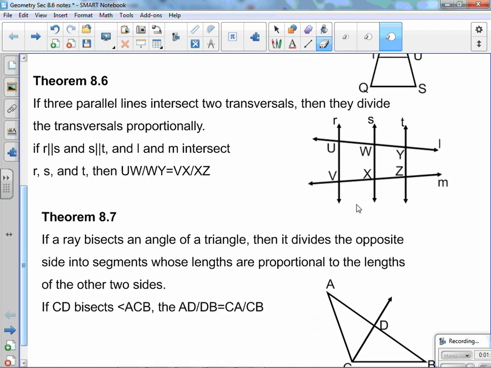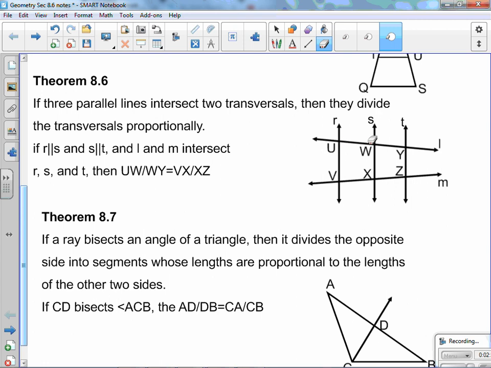And theorem 8.6, if we've got three parallel lines that intersect two transversals, then they're going to divide those transversals proportionally. So you have R, S, and T that are all parallel lines, and they're intersecting two transversals, L and M. And if that happens, then the parts that are divided in between those three parallel lines are going to be proportional.